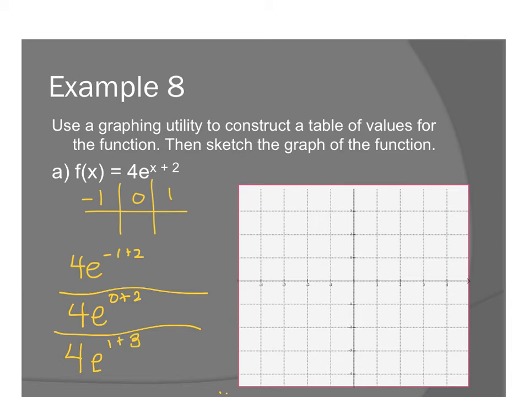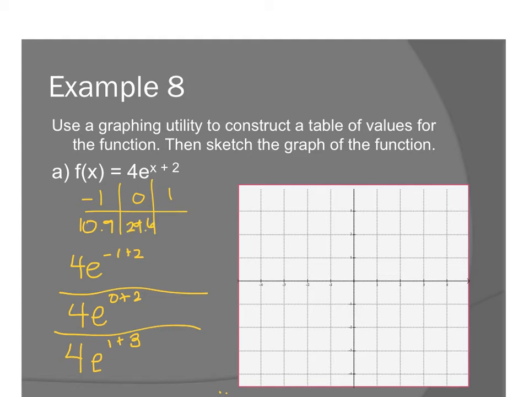So if I did 4e to the -1 plus 2, which is 4e to the first, I get 10.87, so I'm going to round that to 10.9. 4e to the second, and I get 29.5, so 29.6.